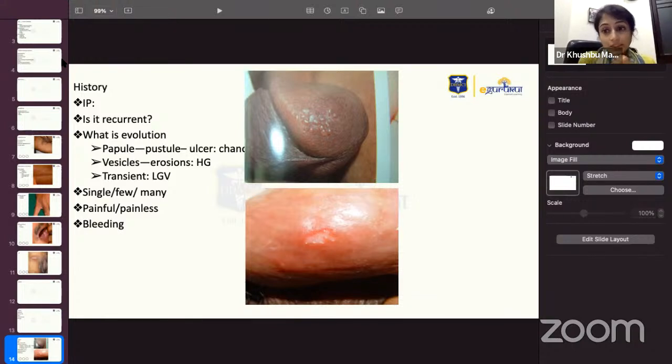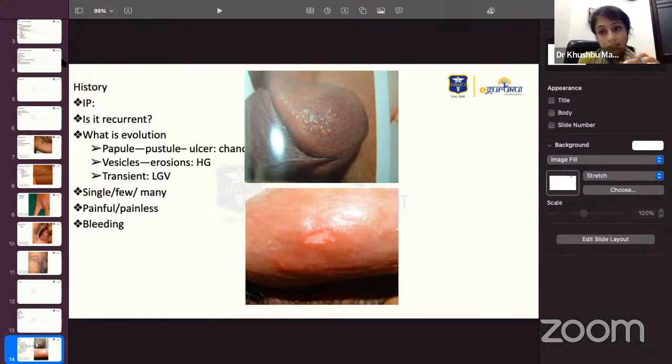Then, how many ulcers or lesions are there? Is it a single lesion, multiple lesions, or a few lesions? Syphilis is always a single lesion. The ulcer of syphilis is called a chancre, and it is always a single lesion. Chancroid, on the other hand, can be multiple, but not innumerable as in the case of herpes.